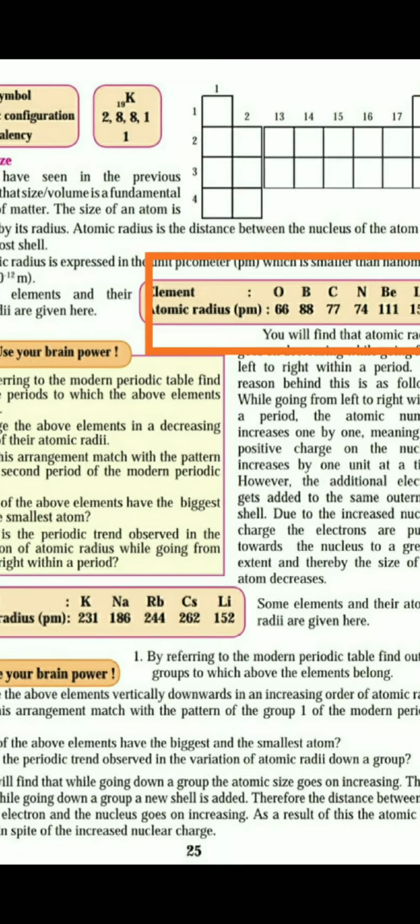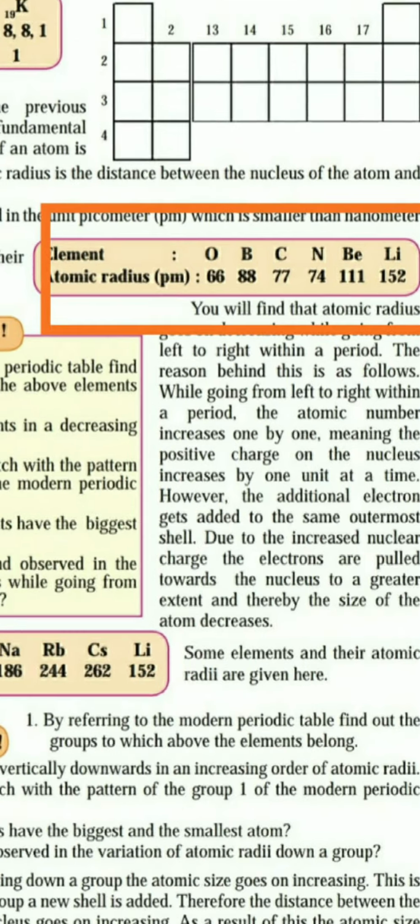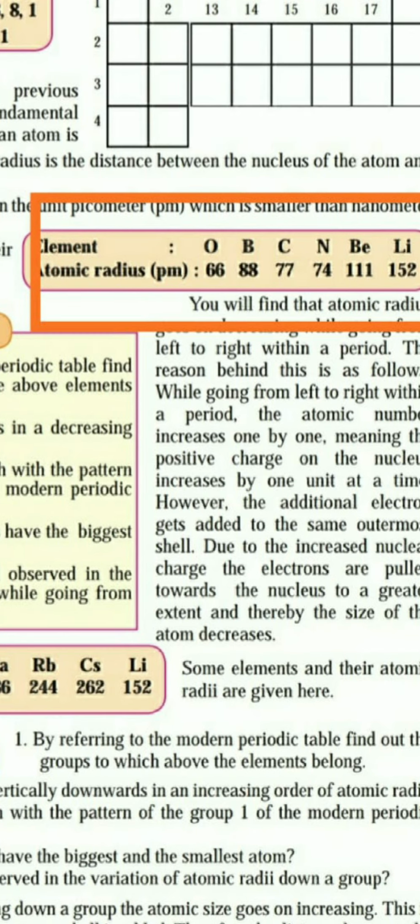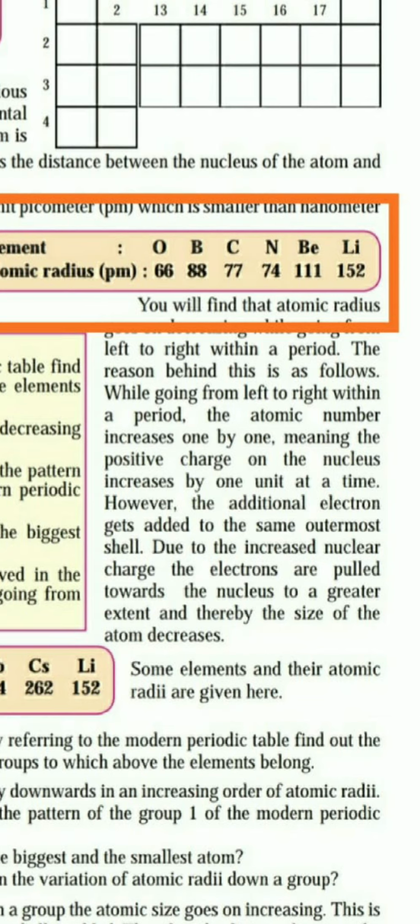Some elements and their atomic radii are given here in the bracket. The elements are oxygen, boron, carbon, nitrogen, beryllium, and lithium.